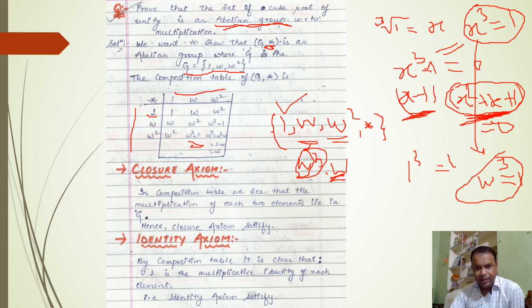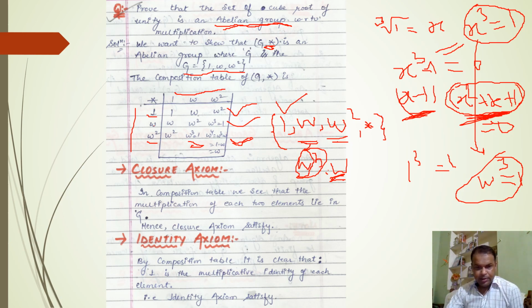If we multiply 1 by these three elements, we get these three elements, and all belong to G. Again, if we multiply omega by any element, we get these three results, which also belong to G. And if we multiply omega square by these three elements, we get exactly these three results. So we say that the product of each element with each element is available in our G, and so the closure axiom is satisfied.